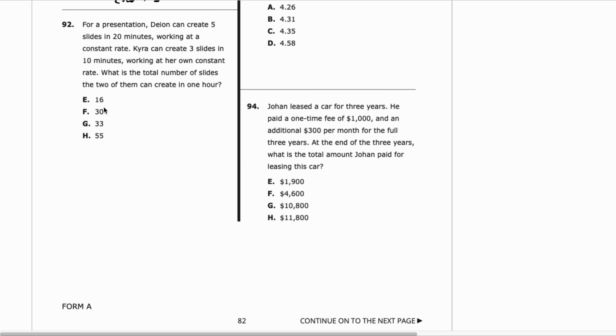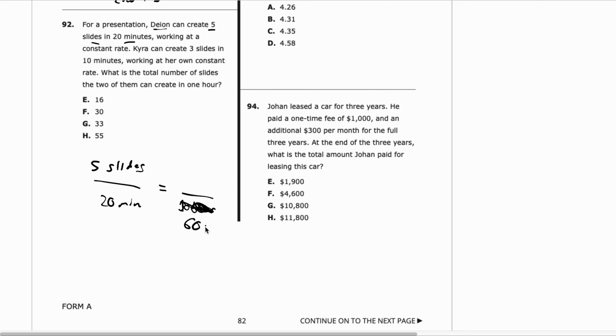Okay, so for this question, if Delon can create 5 slides in 20 minutes, so this is sort of proportions, right? So 5 slides in 20 minutes, and we want to know in 1 hour, or right, the units have to be the same for proportions.